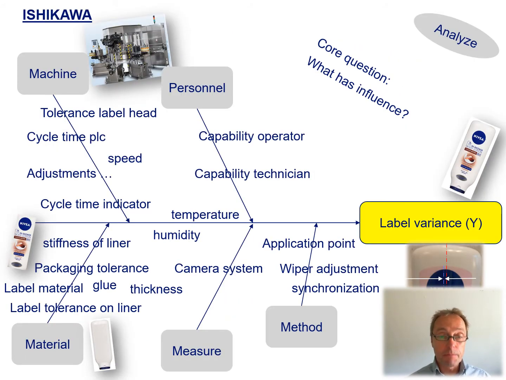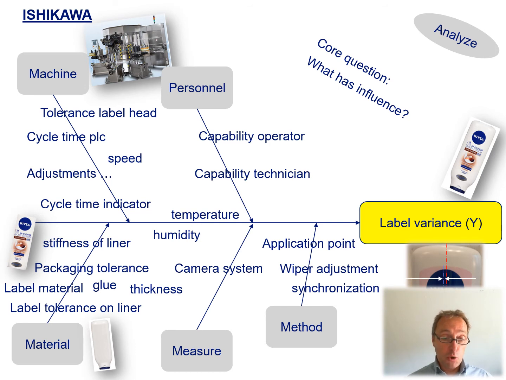So here we see the Ishikawa. We stay with the example labeling. The whole time we have spoken about labeling. Let's keep this example, and the core question was, what has influence?